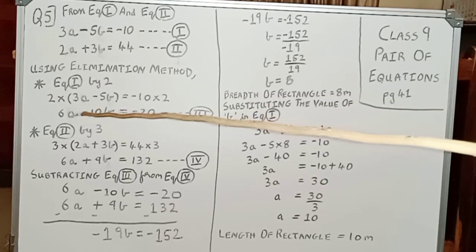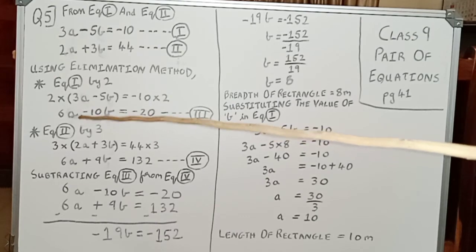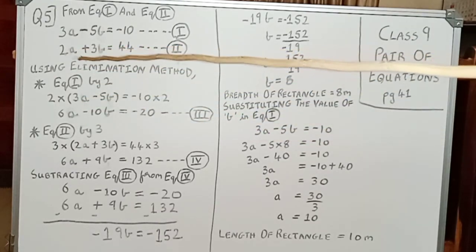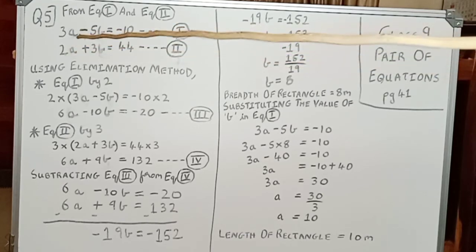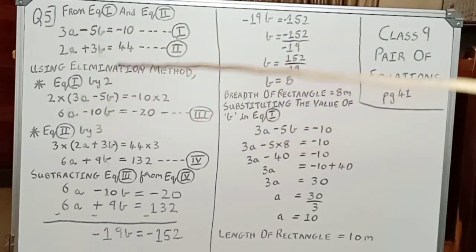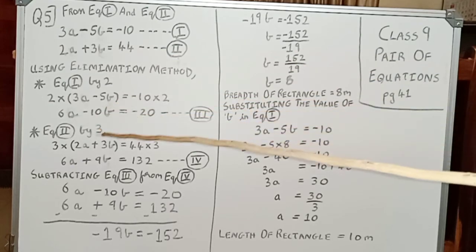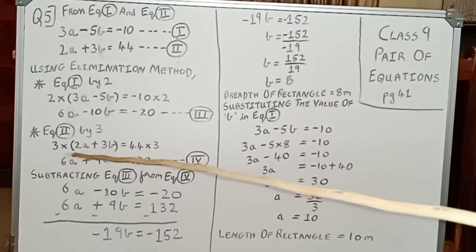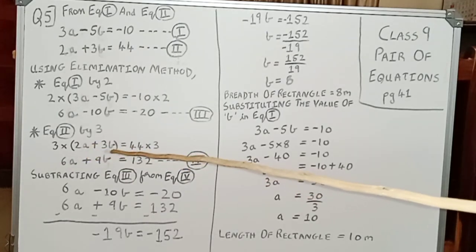You can see you have made this 6a. Now you can make this also 6a. How? By multiplying it by 3. So we are doing that only. Equation number 2 you have to multiply by 3, both sides. So 3 into bracket open 2a plus 3b.